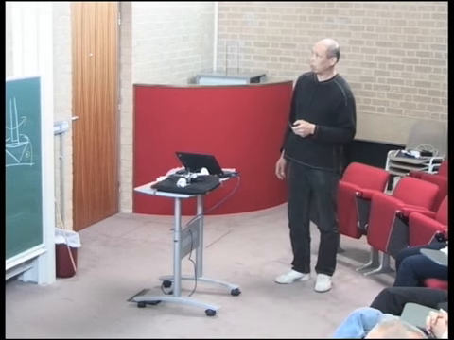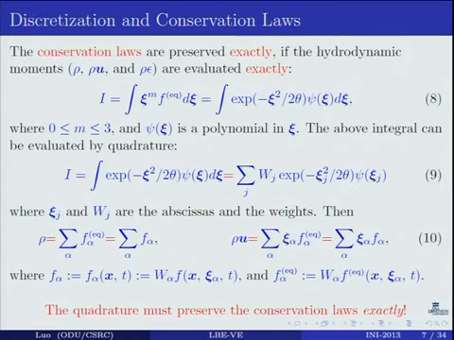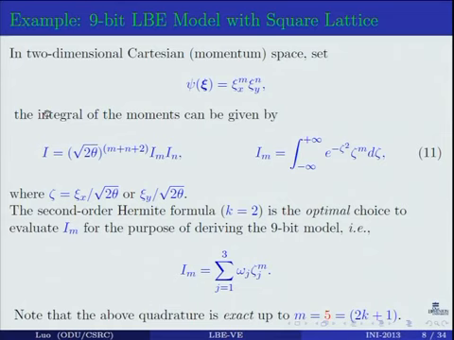Now, if you remember that we have this Maxwellian or Gaussian type of weight, it naturally leads to the Gaussian quadrature for velocity space, okay? And in order to give a concrete example, I will choose two-dimensional space. And in two-dimensional space, I also need to choose what coordinate system to use.